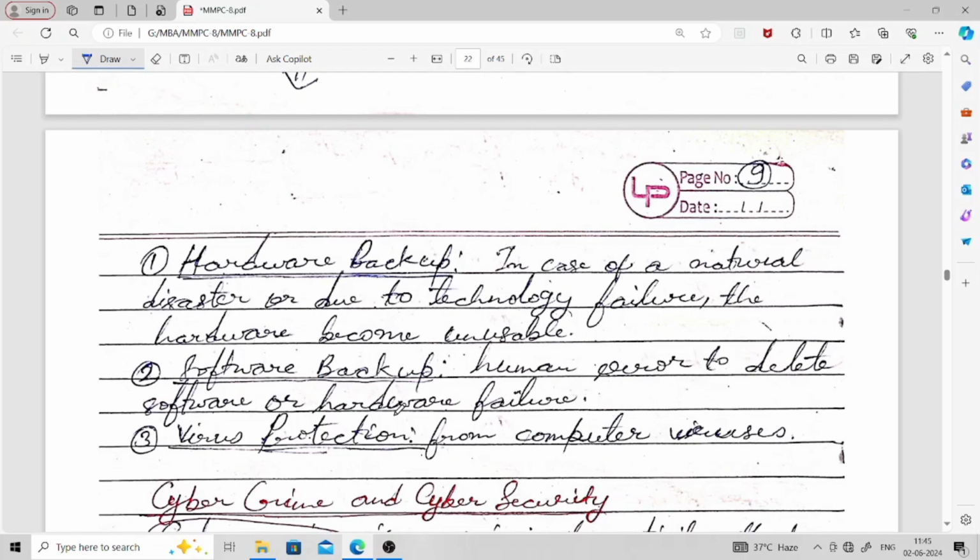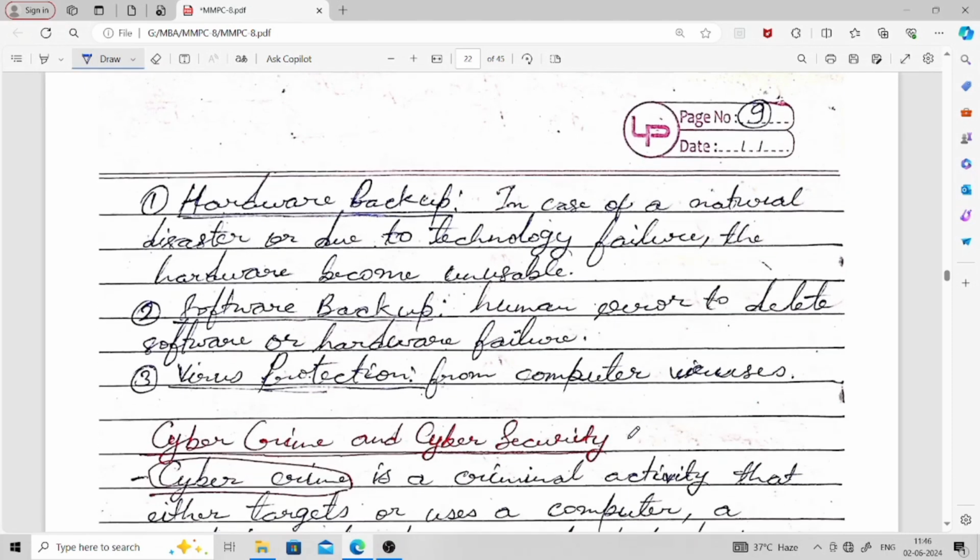For example, if there is software deletion, then we must keep the software somewhere so that we can install it again. Then we have virus protection. For protection from viruses, we can use antivirus software.